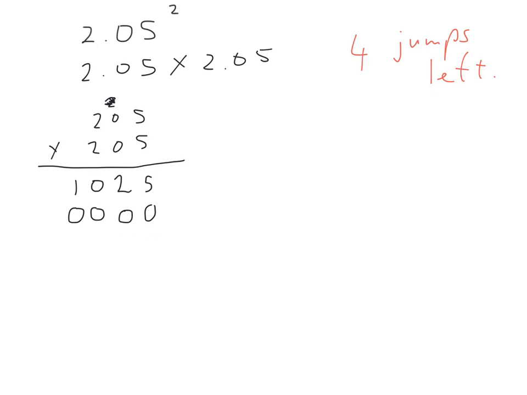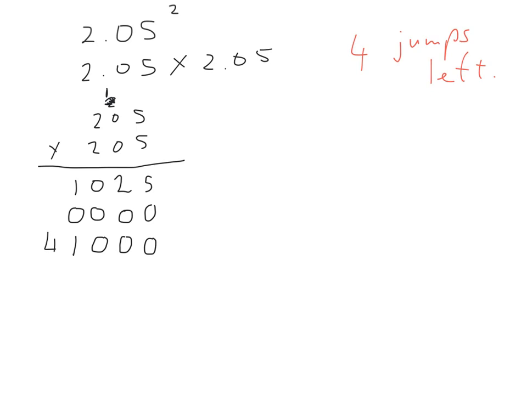So we'll do that. Before we do anything, we'll put down a 0 here and another 0 there. Now we're going to start from here and multiply these numbers by 2. So 2 multiplied by 5 is 10. Okay. 2 multiplied by 0 is 0, plus 1 is 1. And 2 multiplied by 2 is 4.